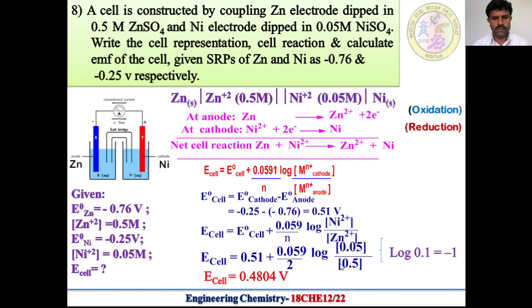After substitution and calculation, we get the EMF of the above cell equal to 0.4804 volt. In this way we can calculate the EMF of the cell at different conditions. So I will stop this session here.